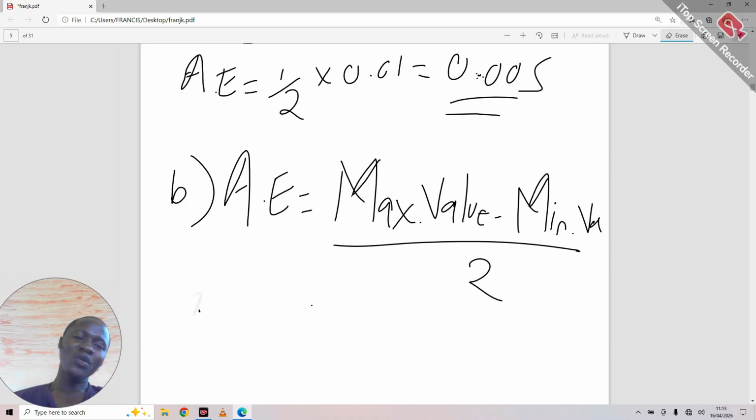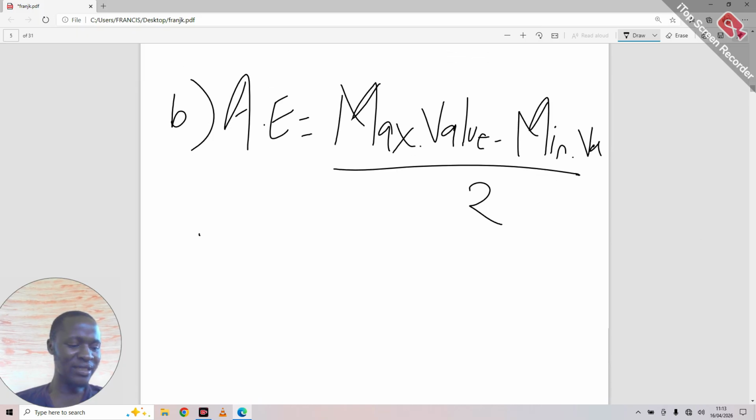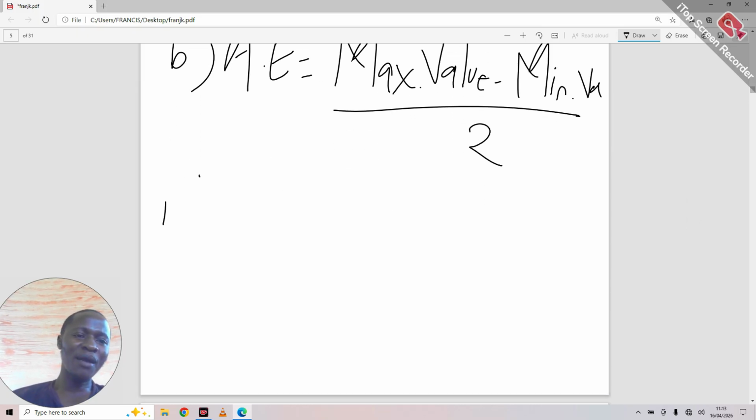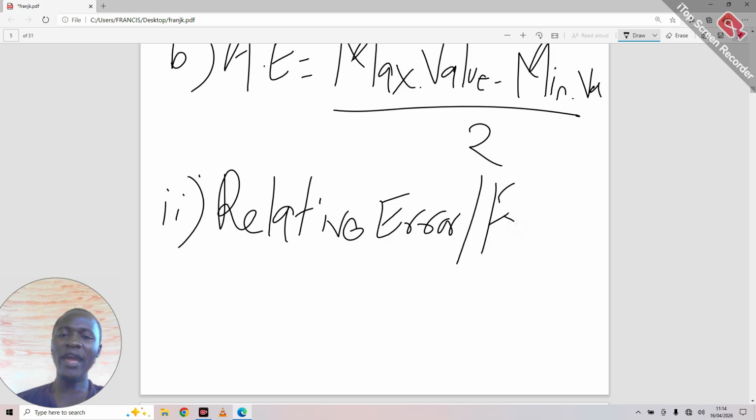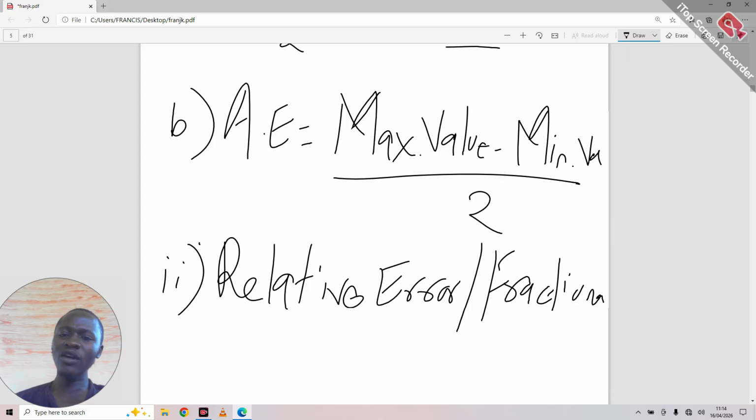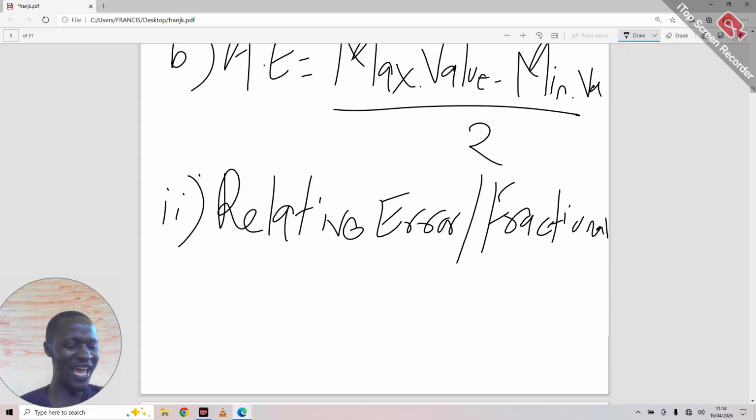But before we check on that, let us have the other term. The other term you will come across in this topic is relative error. Relative error is also called fractional error. So do not go into an exam room, then you find a question asking you, get the fractional error of the given number, then you're like, what is this? This is a new thing.